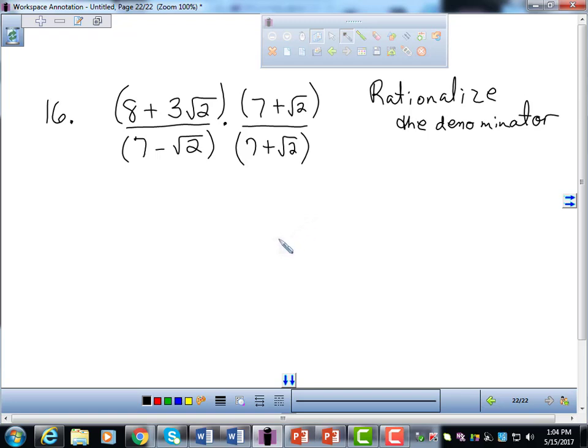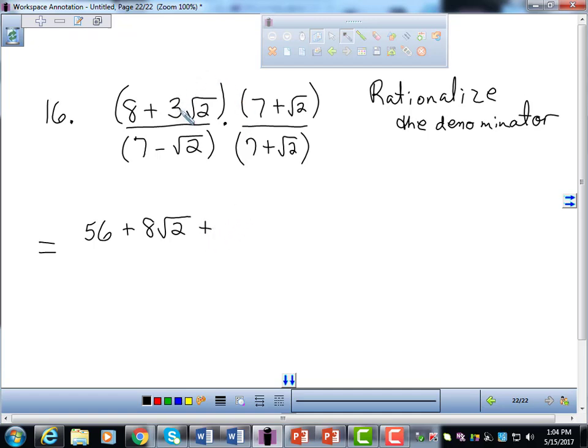Gentlemen, you getting this? Okay. So, for the top, first, outside, inside, last. 8 times 7. 8 times the square root of 2. Square root of 2, you did it right.